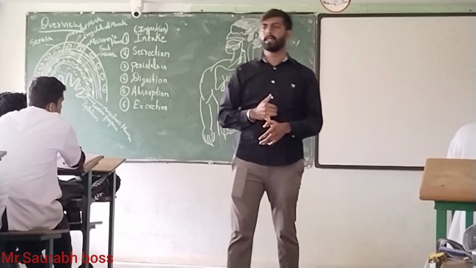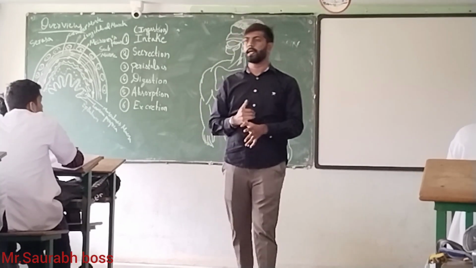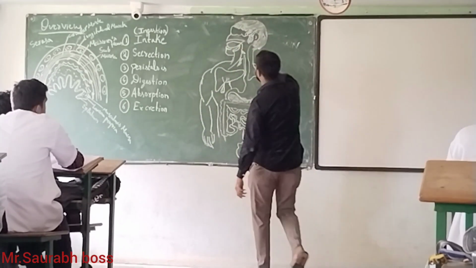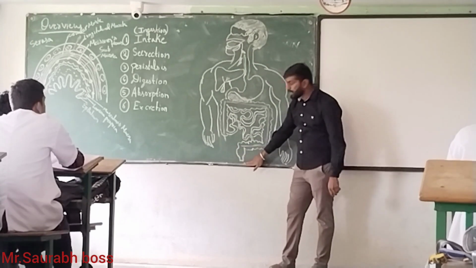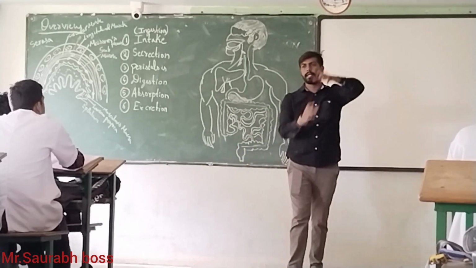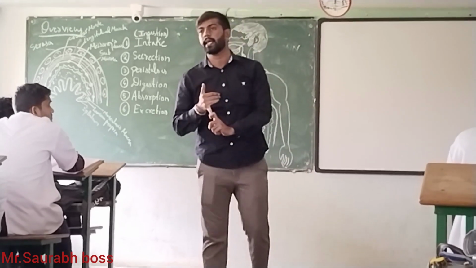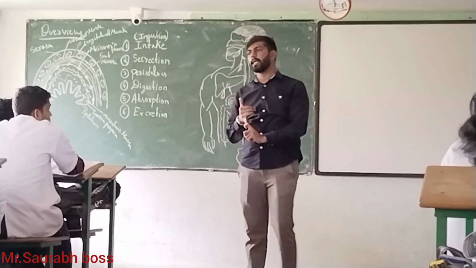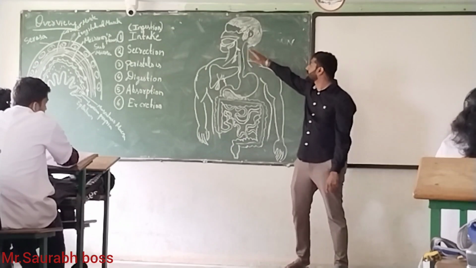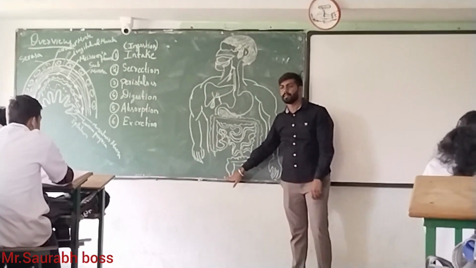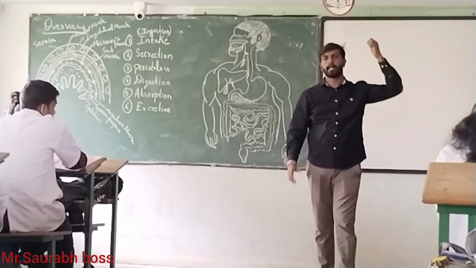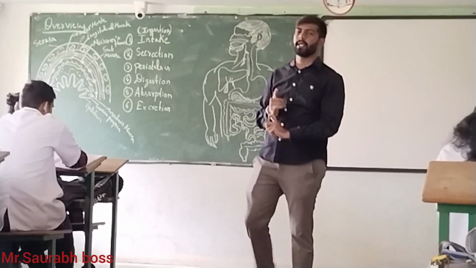From here to here it is like a pipe, a tube. That one we call by another name, the alimentary canal. The alimentary canal is nothing but the tube from the mouth to the anus.